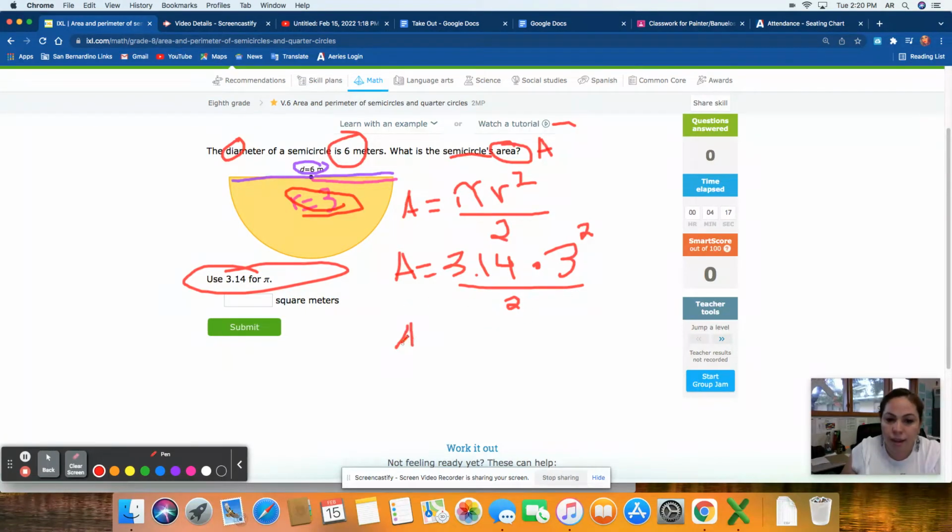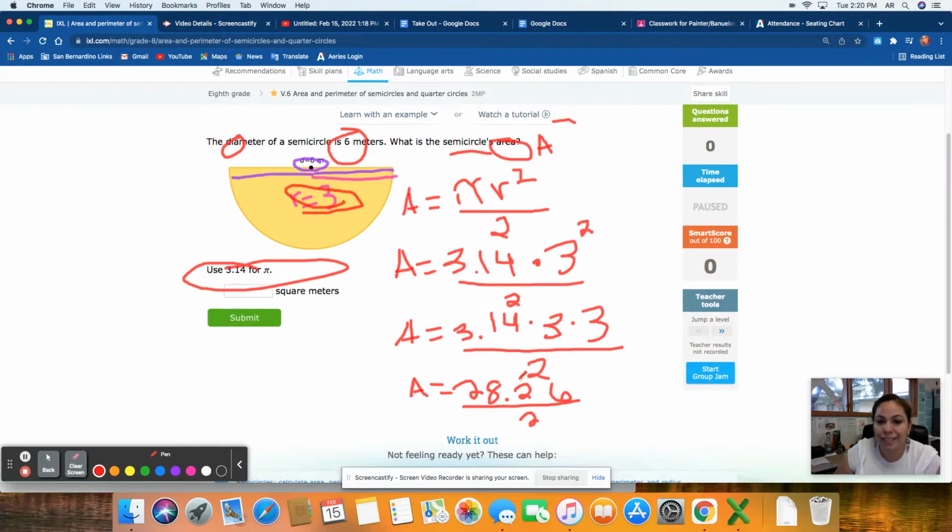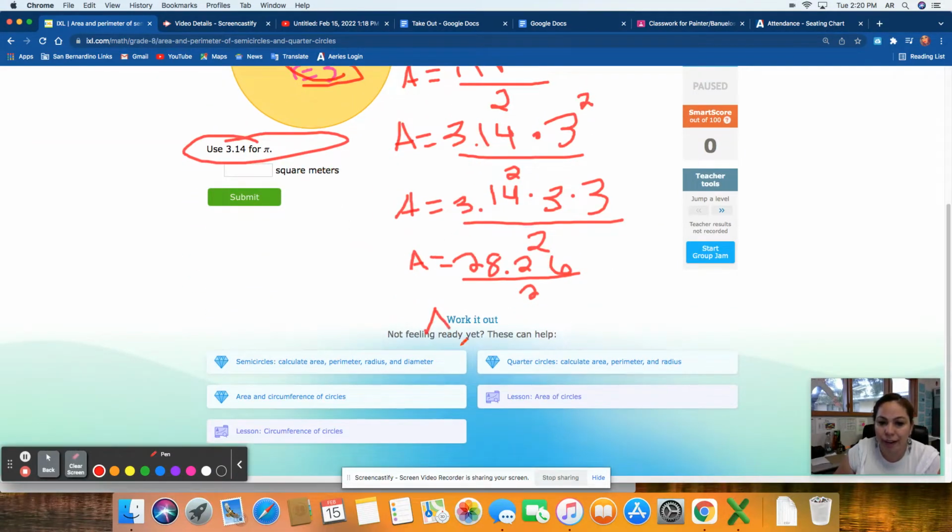So A equals 3.14 times 3 times 3 divided by 2. So 3.14 times 3 times 3 equals 28.26 divided by 2. The last step is divide this number by 2.